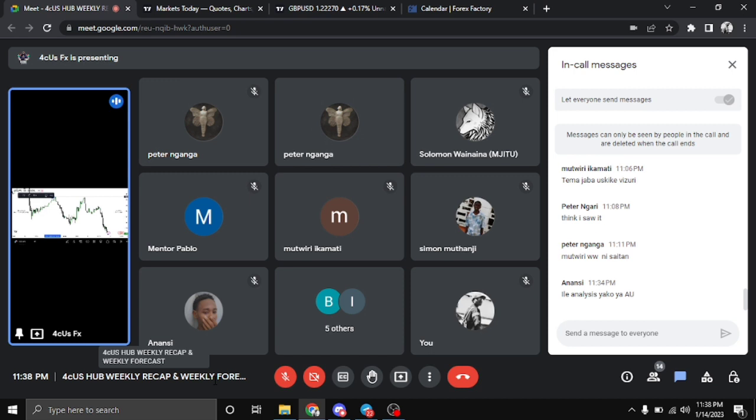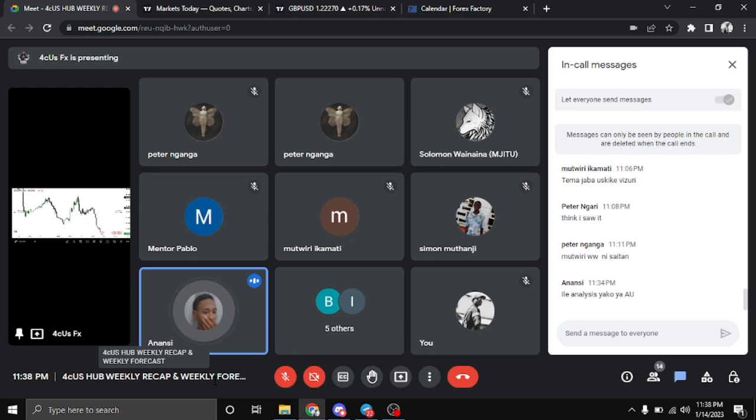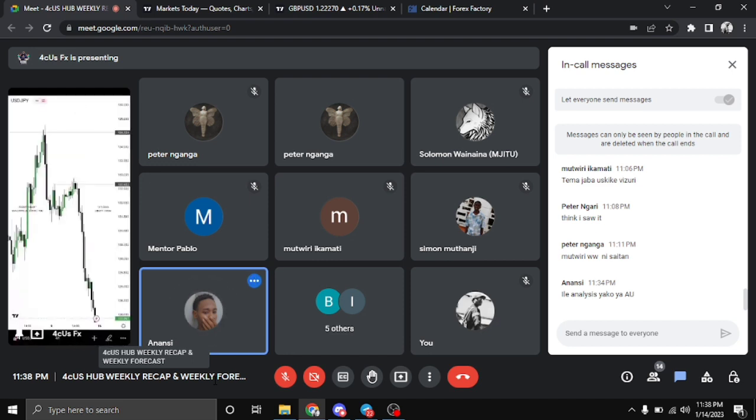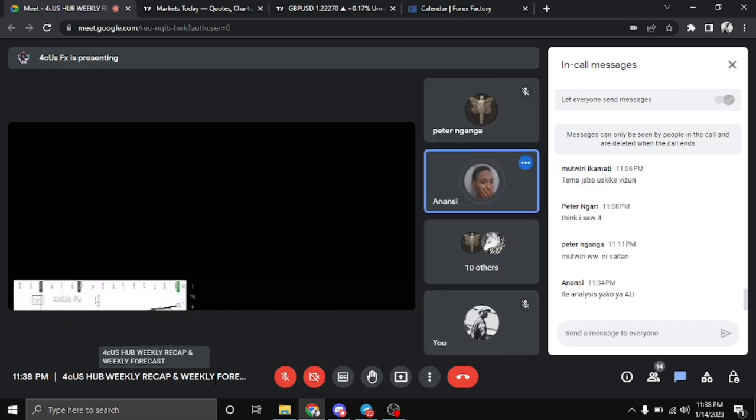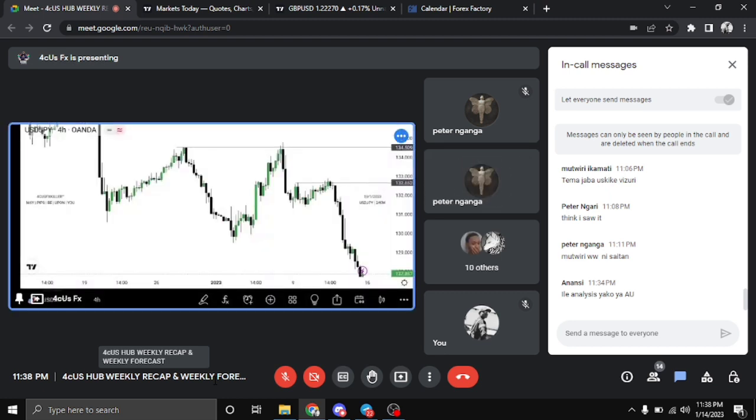Settings za laptop zinanisumbuanga. Bado kuna vile kadogo. Change screen sasa. Iko sawa.